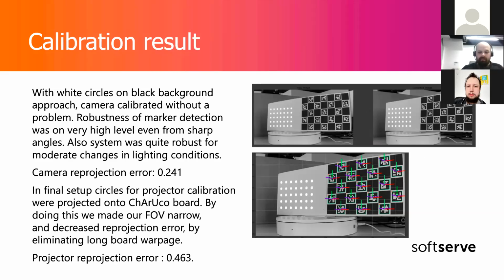And in the final setup, we combined Charuco markers and circle calibration patterns, so we could make our field of view narrower. It will give us the ability to scan smaller objects, since we are aiming to scan some, as Yura said, artifacts and maybe some dental things.